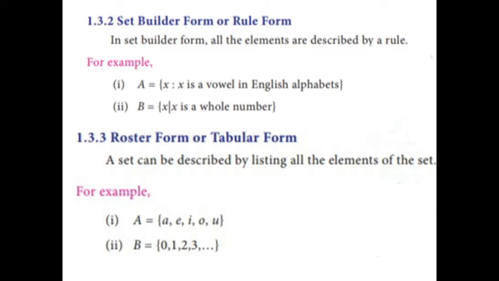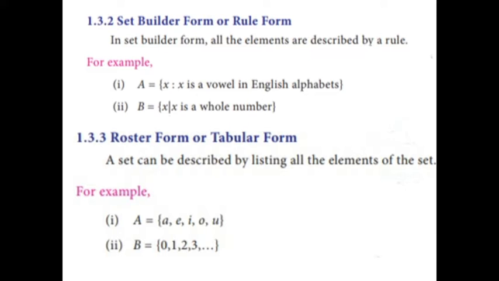If I describe the elements of a set by a rule, then it is said to be in the set builder form. Look at the first one, A equals set of all x, and next to that a colon is there. You read it as A equals the set of x such that x is a vowel in the English alphabet.